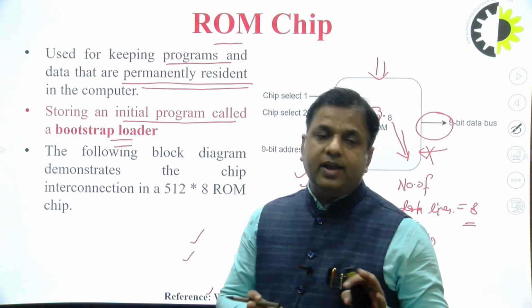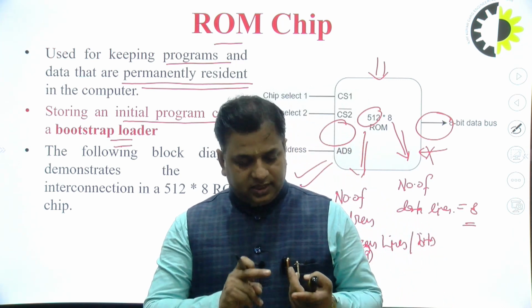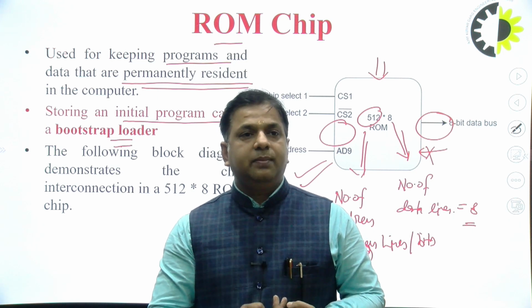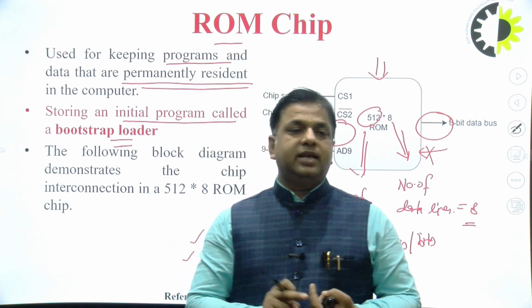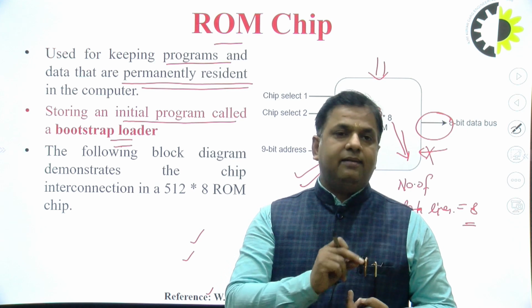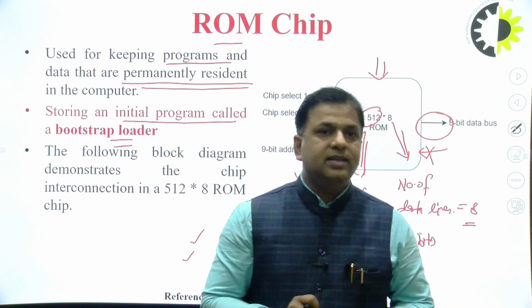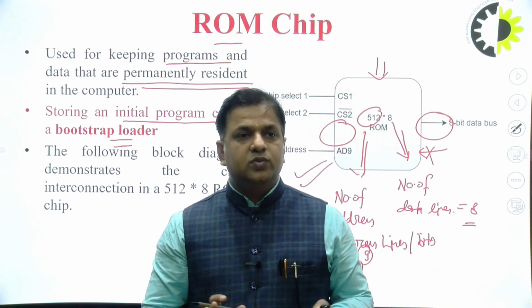So till now what we have learned, or we should understand, is the difference between the RAM chip and ROM chip in its block diagram. Second thing, how many address lines are required and how many data lines are required. So don't be confused about this.